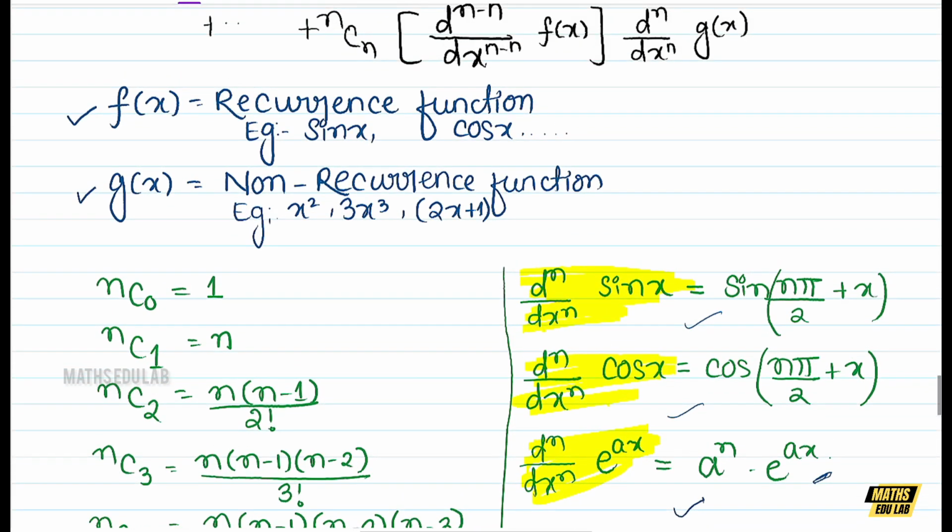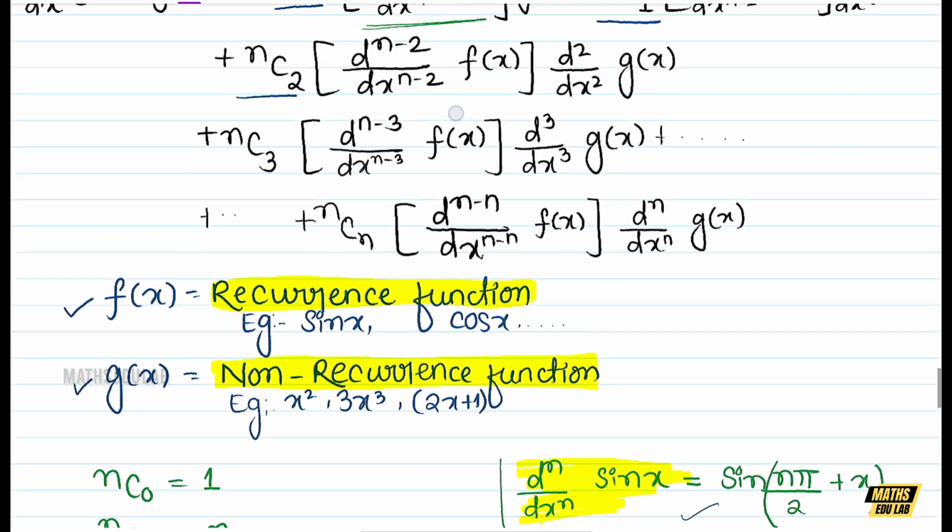And we also discussed how to take f of x and g of x. For f of x we check for the recurrence function, and for g of x we take the non-recurrence function, where we get a constant after doing the nth order derivative.